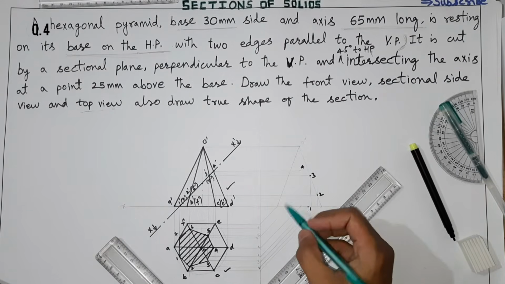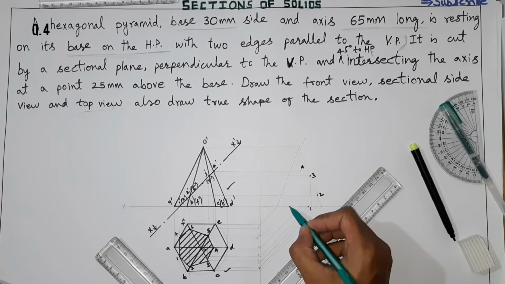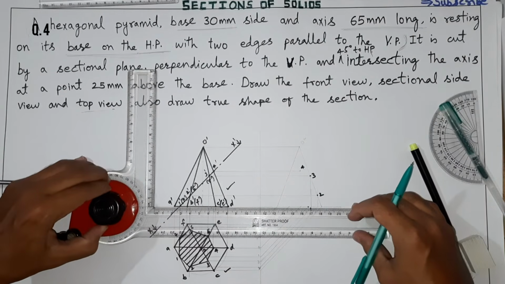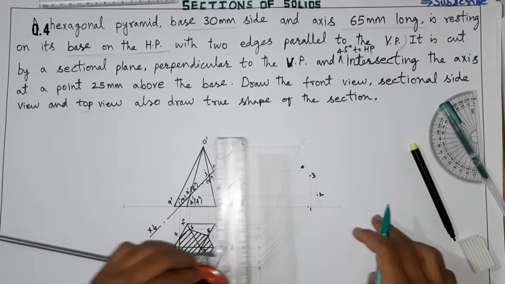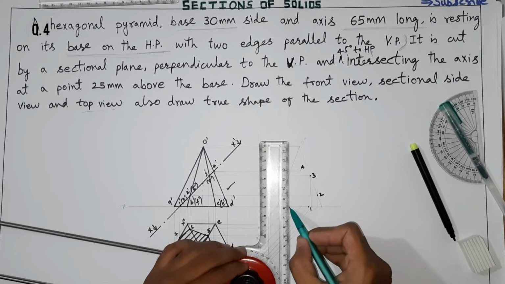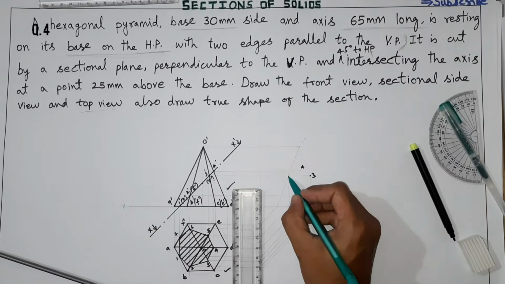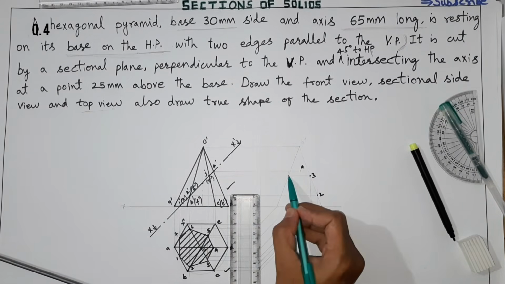Then this 5th line I will take vertically upward from here. Like this. So here point number 5 is coming here.